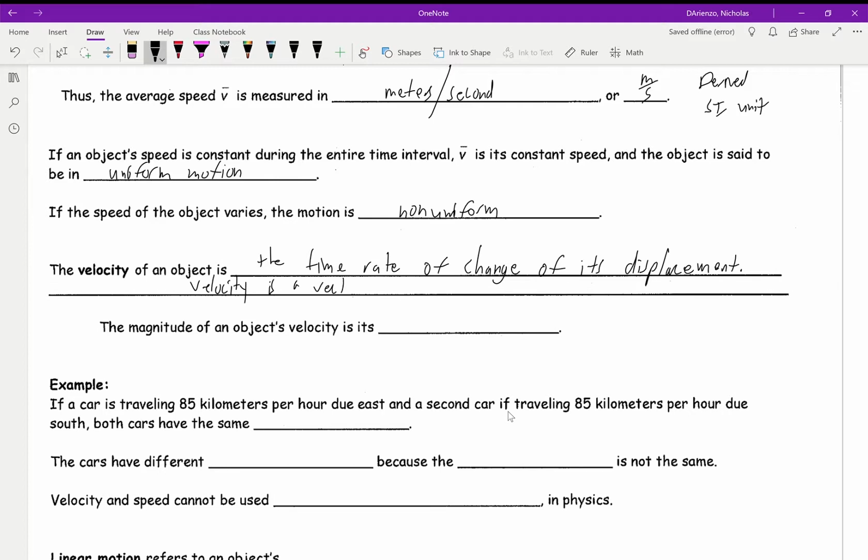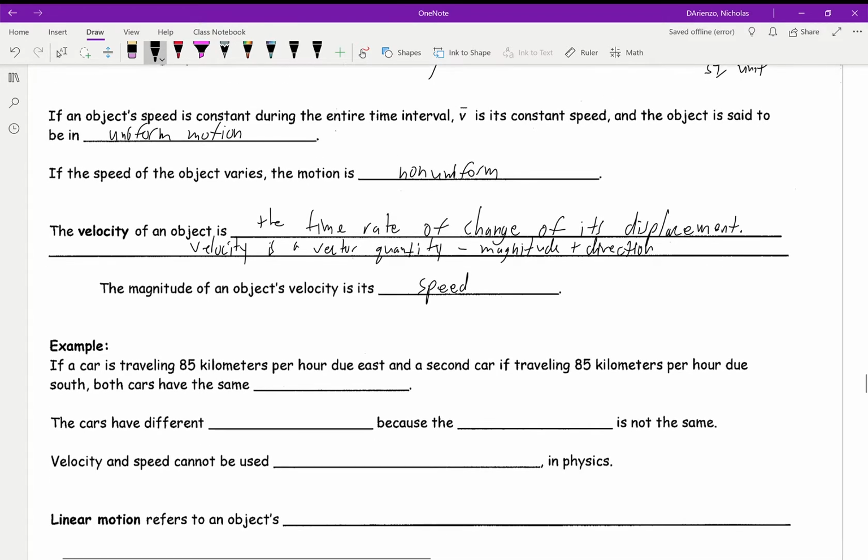This is what separates it from speed, which means it has both magnitude and direction. So if we were to just think about the magnitude of an object's velocity, the magnitude of velocity without direction, so we consider the scalar portion of the unit, that's actually just the speed. Once we add a direction to speed, it becomes velocity. If we remove the direction from velocity, it becomes speed.